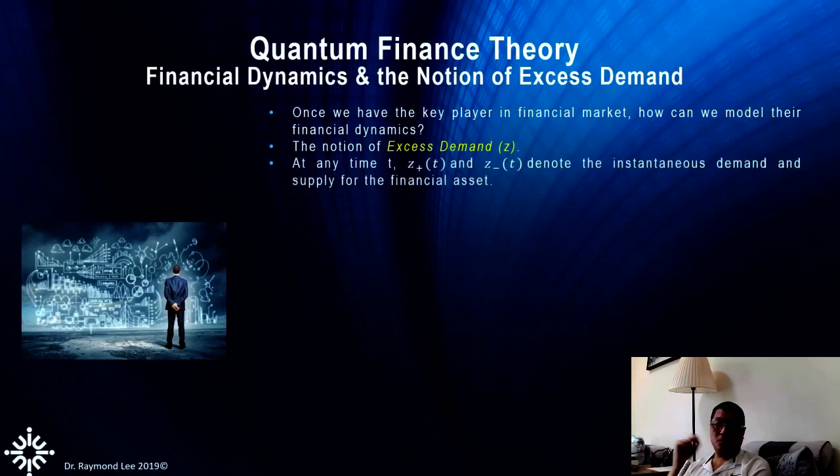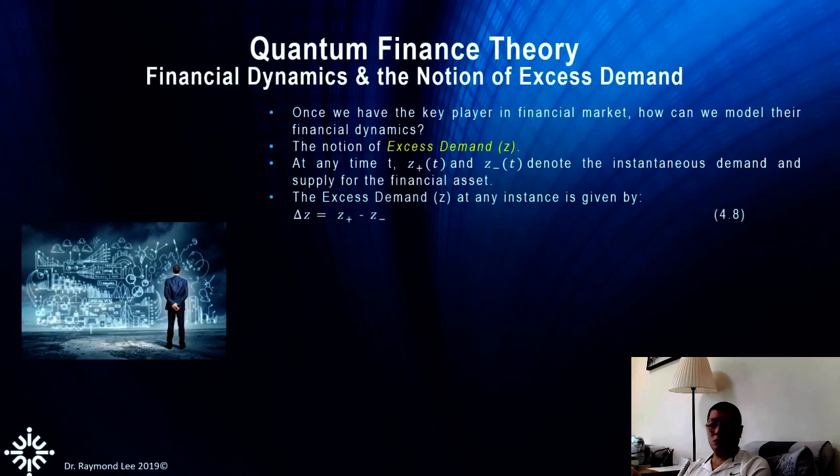So in terms of mathematics, it is the instantaneous difference between supply and demand, which means the buy or sell, in terms of the price and the volume. When the buy is more than the sell by a certain amount, it will go up, otherwise go down.